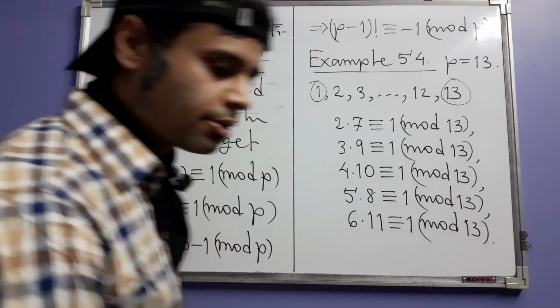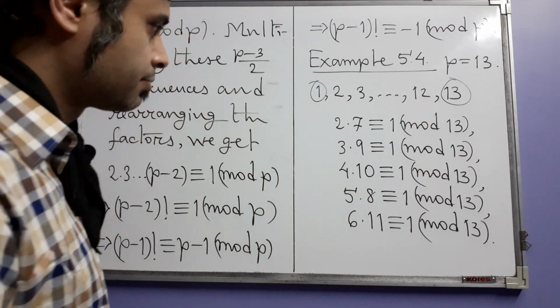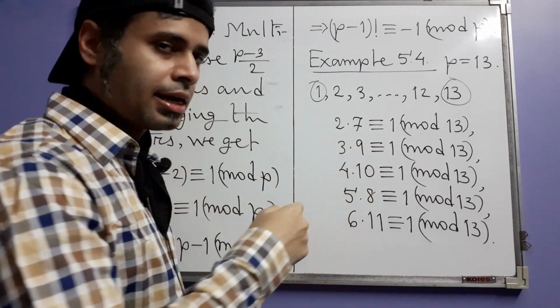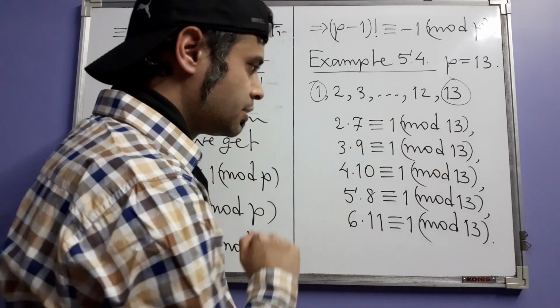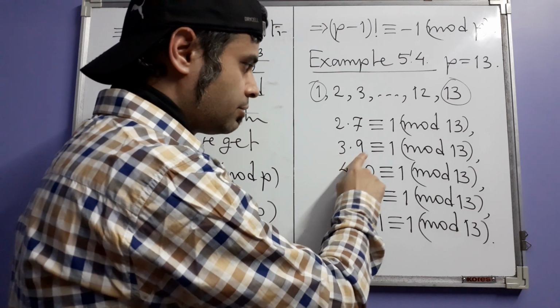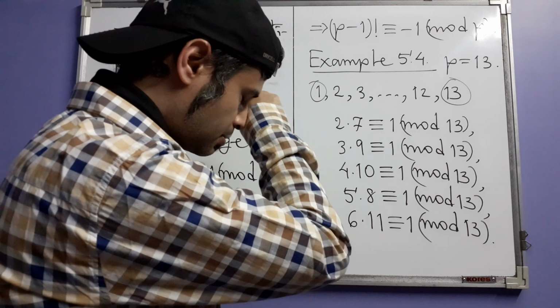Okay, so let us also see briefly if these really are correct. 2 times 7 is 14. 14 minus 1 is actually equal to 13. So obviously divisible by 13. This is 27, right? 27 minus 1 is 26. 13 times 2 is 26.